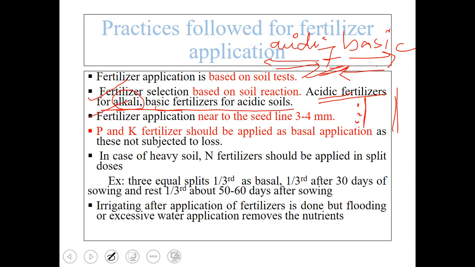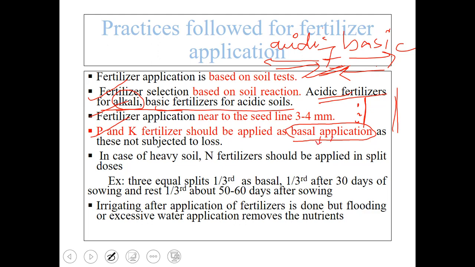Okay, and as we know there are 3 important primary nutrients, N, P, K, and among them P and K fertilizer should be applied as basal application. Basal means the entire amount of phosphorus and potassium, whatever is recommended, we have to apply before sowing.